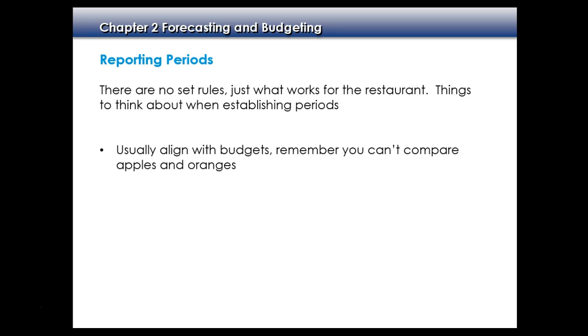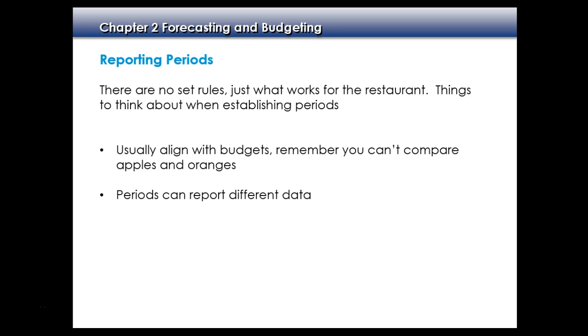You can't compare a daily income statement to a monthly budget. You're not getting any viable numbers or accurate variances. So you want to make sure it can align with your budget. Even if you don't do monthly counts, you still have a 4 or 5 week process that will fit into a month or even into quarterlies.